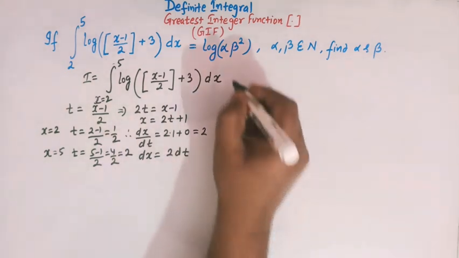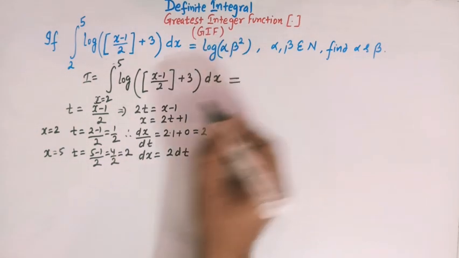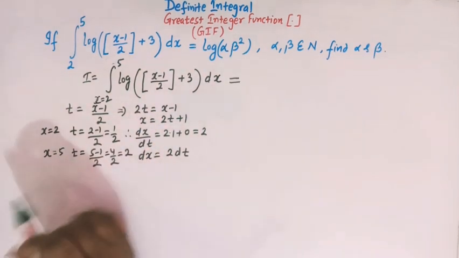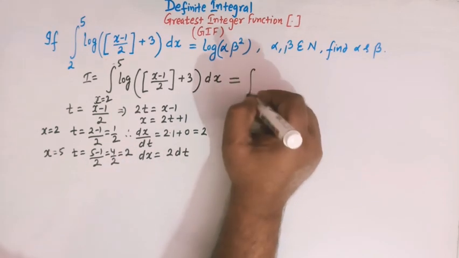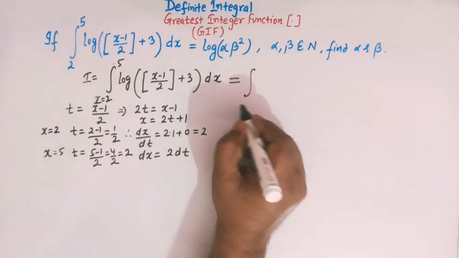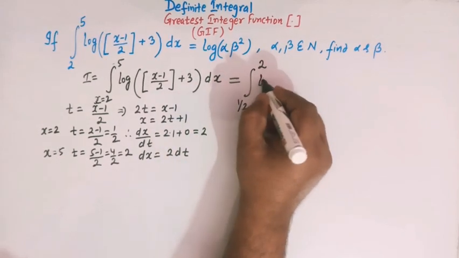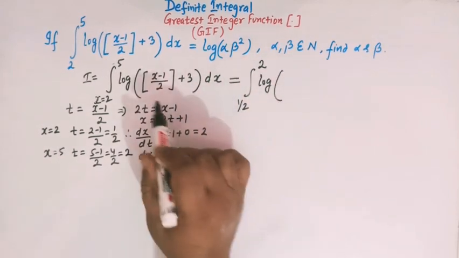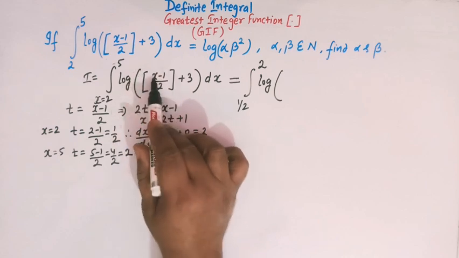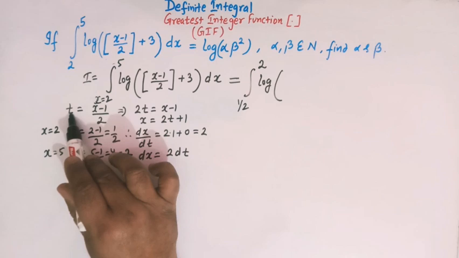Now this integral I can be written in terms of t as the integral from half to 2, and we have log of greatest integer of (x minus 1) over 2, so for that we can write t.